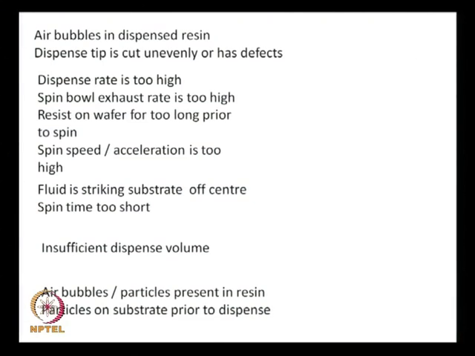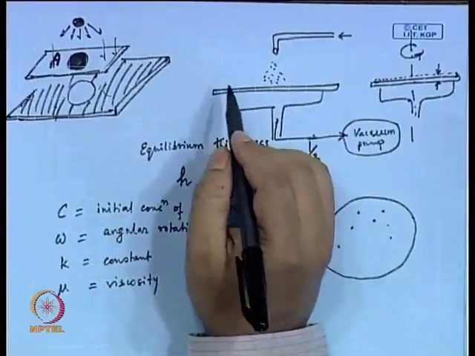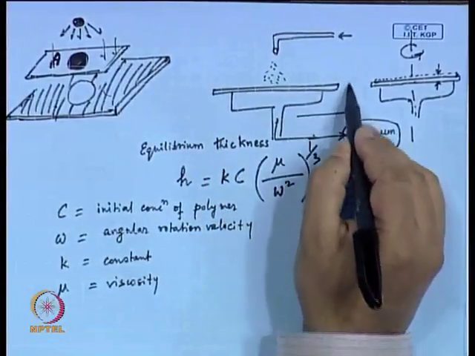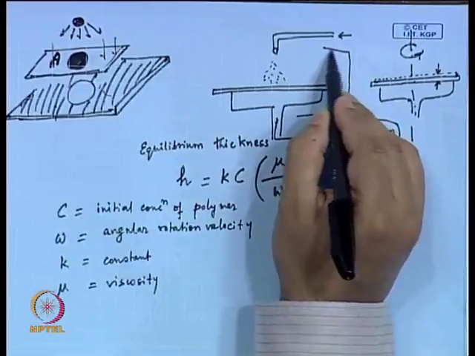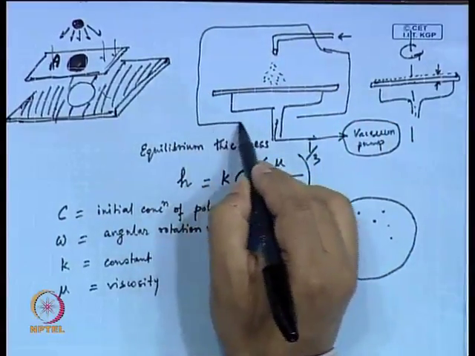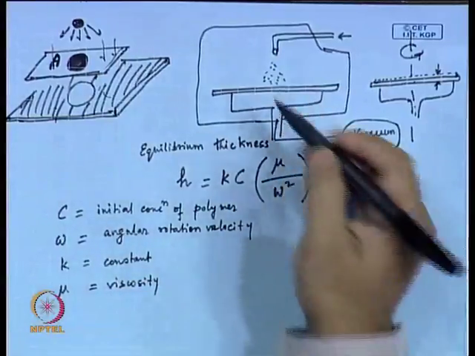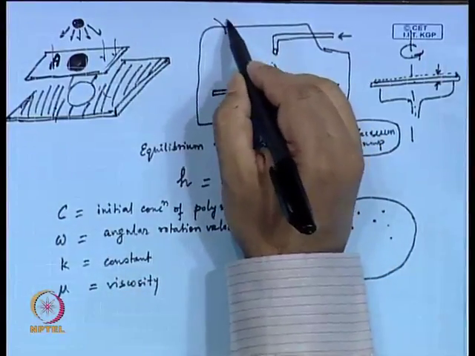Spin bowl exhaust rate is, I mean, this is a new term I see here. This entire assembly is put inside a spin bowl, and then exhaust is collected.